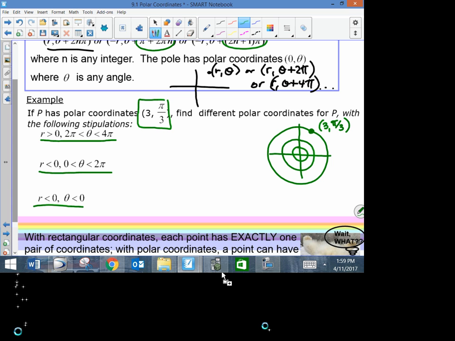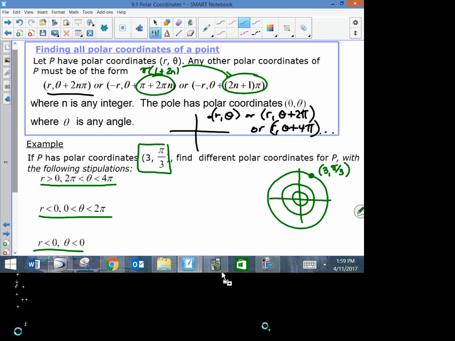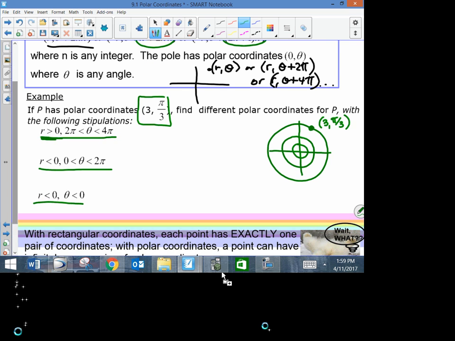All right. Now, I wouldn't really worry about this language. I would just understand how you get there. Okay, r is greater than 0. You want r on this problem to stay at 3. Okay? All right, but now we want theta to be between 2 pi and 4 pi.